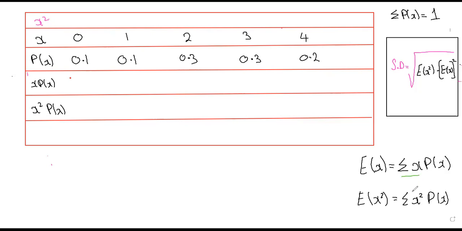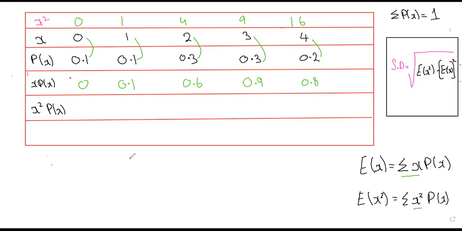So how do we do it? First, we need to find x squared for this. So it would be 0, 1, 4, 9, and 16. Now x into probability of x: this would be 0, this would be 0.1, then 0.6, then 0.9, and then 0.8.